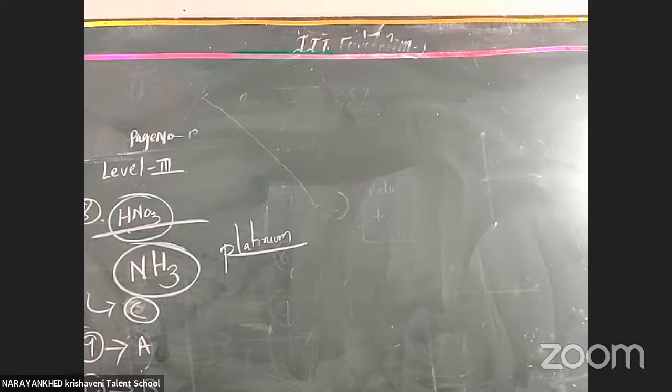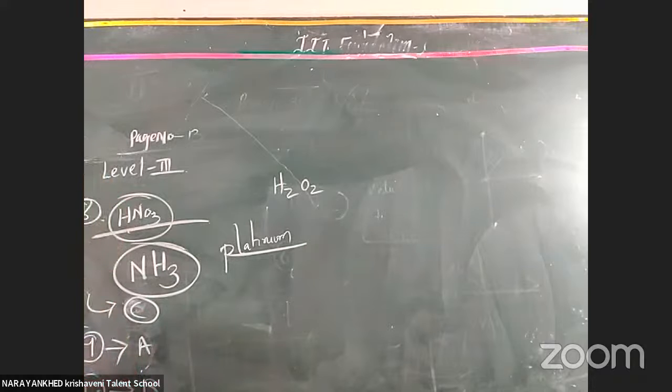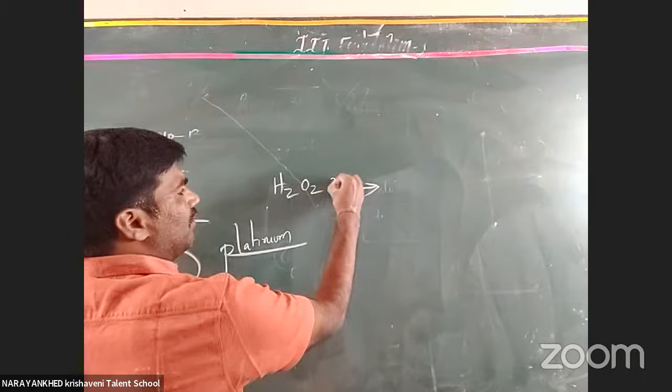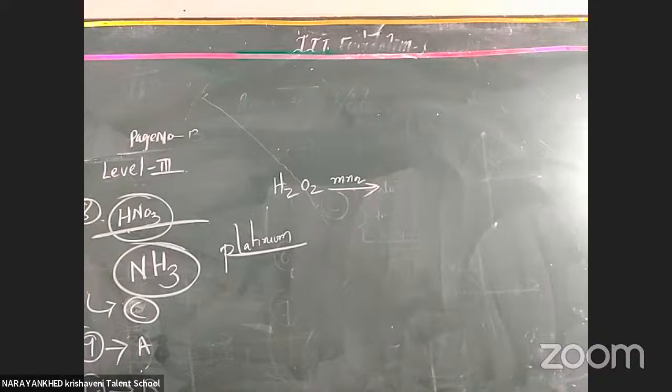It is a catalyst for us. Okay, now hydrogen peroxide is nothing but H2O2. It will decompose and be converted into hydrogen gas as well as oxygen gas. But when we add manganese oxide or magnesium oxide, then it will be converted into what?